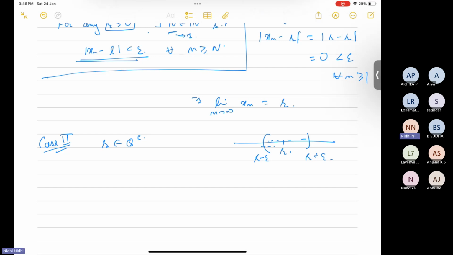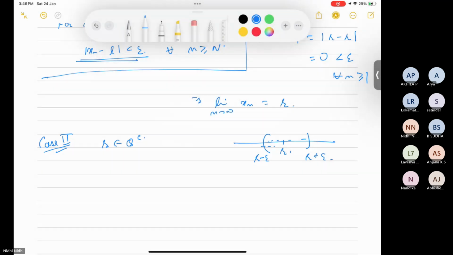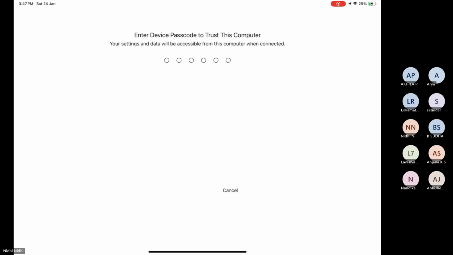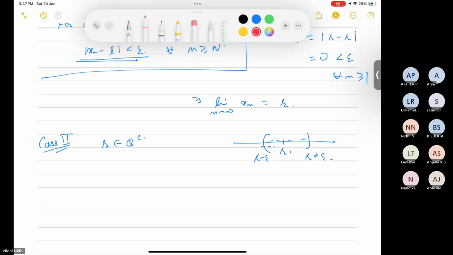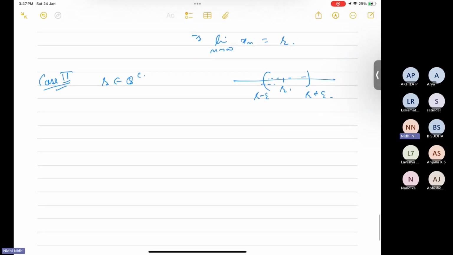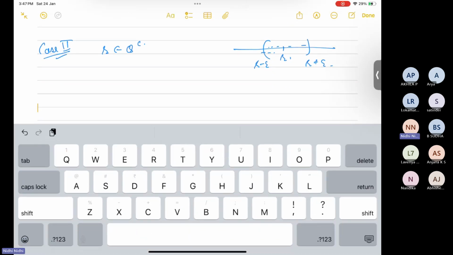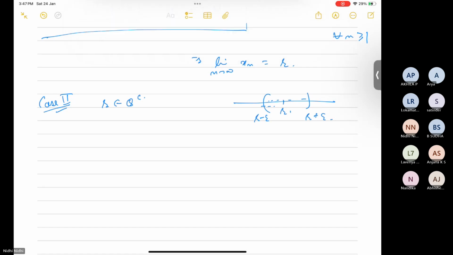Okay, I'll just recall. So we have the density property of R. I can just make note of all these basic things.